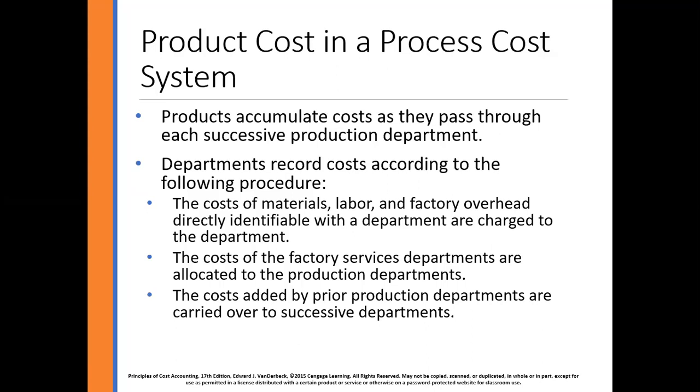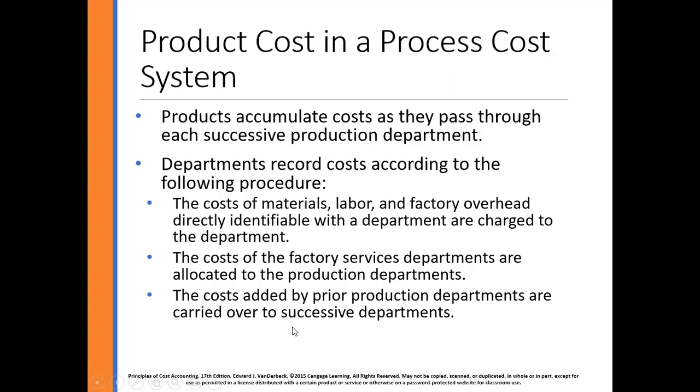So to record the cost, we have to record the cost of materials, labor, and overhead directly identifiable with a department, and we charge it to that department. And then also the cost of the factory services departments would be allocated to production departments. And the cost added by prior production departments are carried over to successive departments.